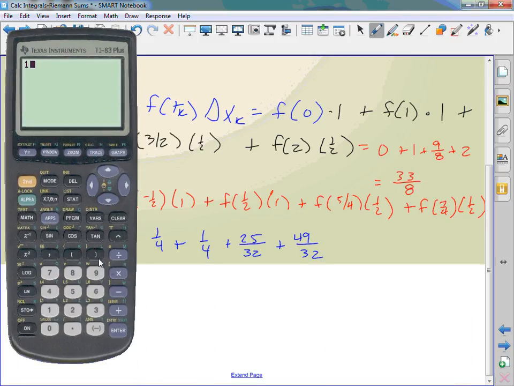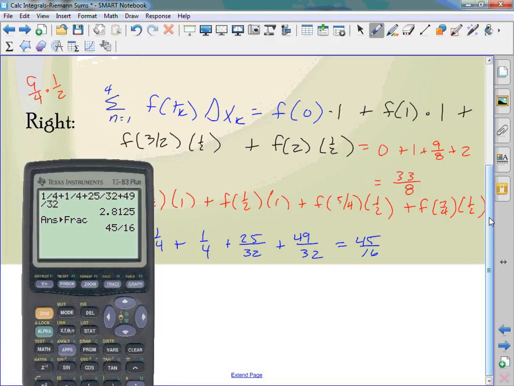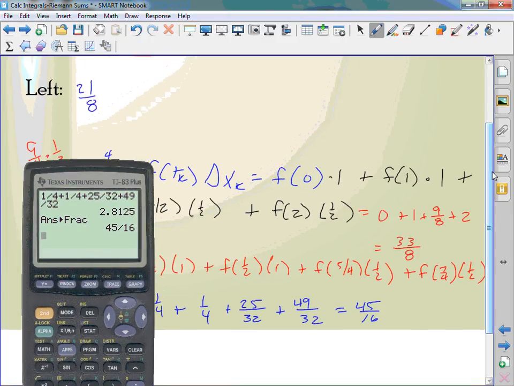You can do all of this on a calculator, even though sometimes it takes longer. So those are my 3 sums. None of them are exactly right. All 3 of them are approximations.